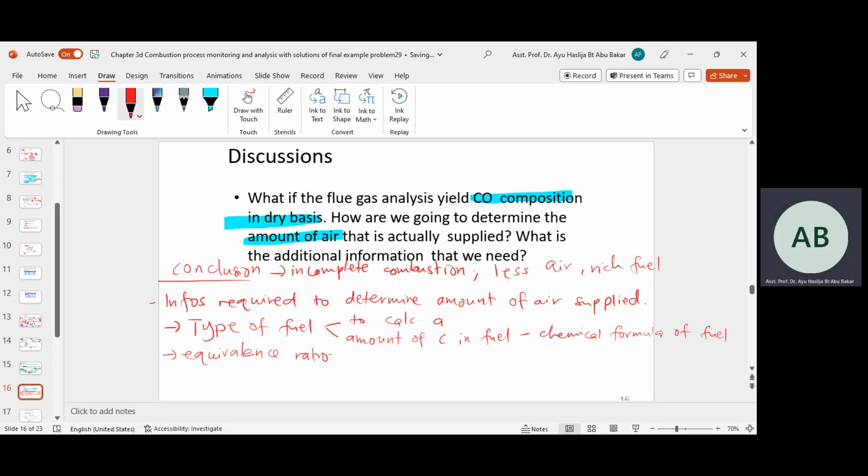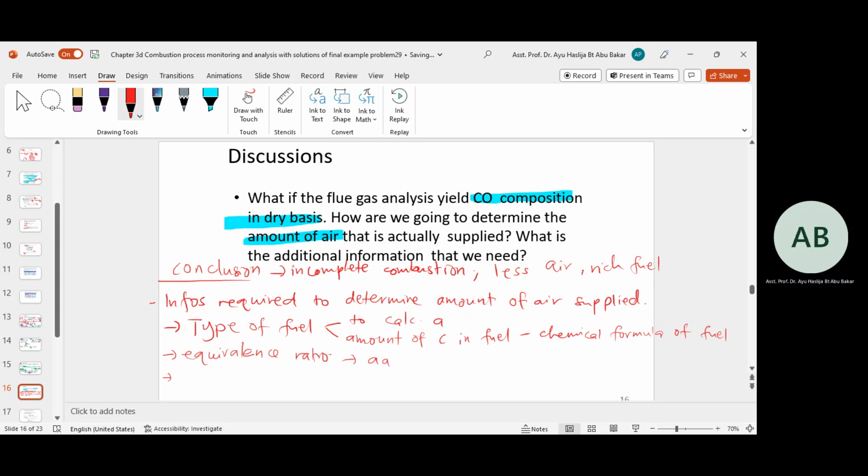A actual. You can calculate the A actual. So from equivalence ratio, you can get the A actual. Yes, correct.